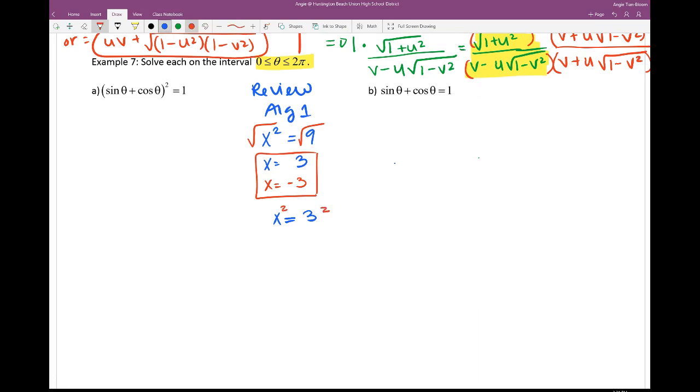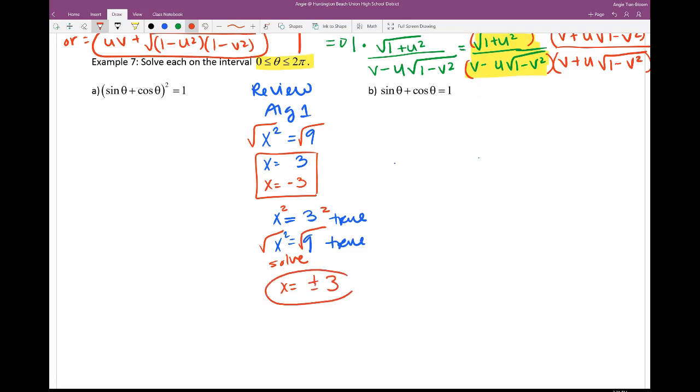Then would you agree that this is x squared equals 9? That is true, right? It's true and true. But here's my question: from here, I would like you to solve. When you take a square root, there are 2 of them.